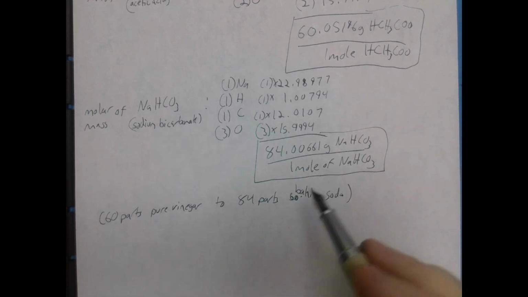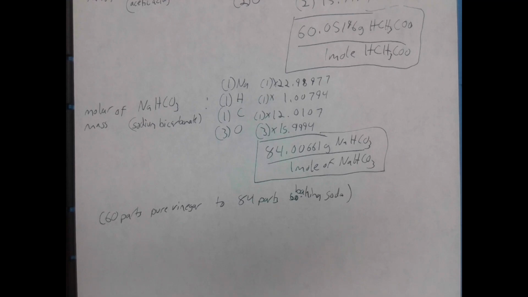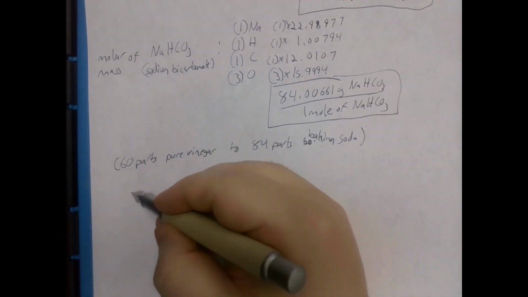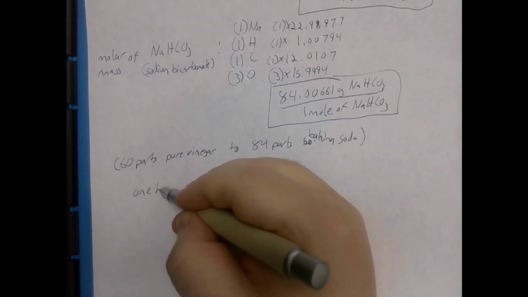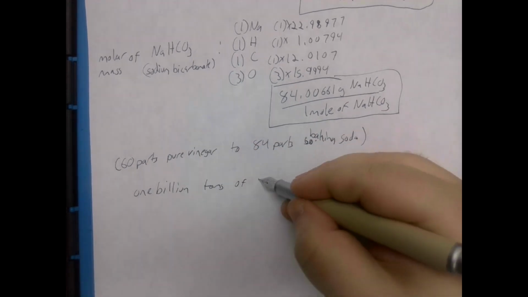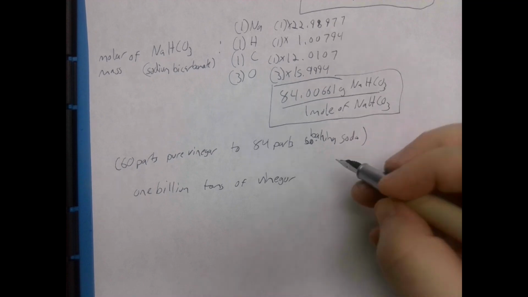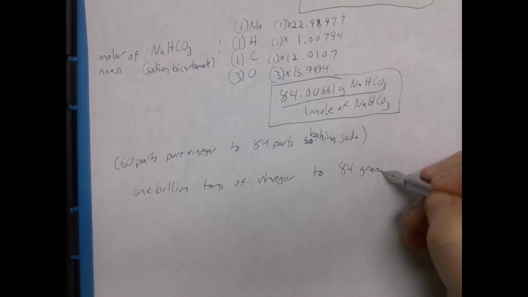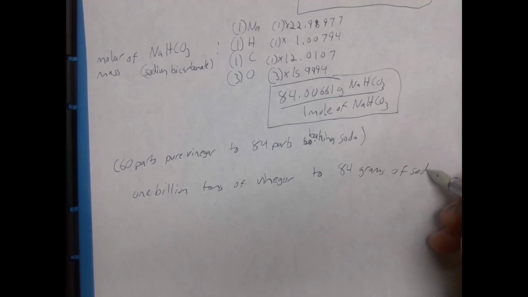That is my ratio. What would happen if I use 1 billion tons of vinegar to 84 grams of sodium bicarbonate?